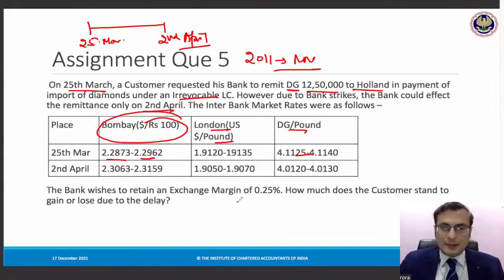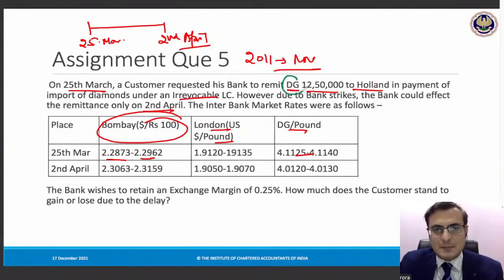Clear? The question is very much similar to the previous one. Let's start solving this. Now see, what do we need? I'll take a little green color. What do we need, beta? How do we start? Harshad, I'm focusing on your thoughts. What will make my life easier?